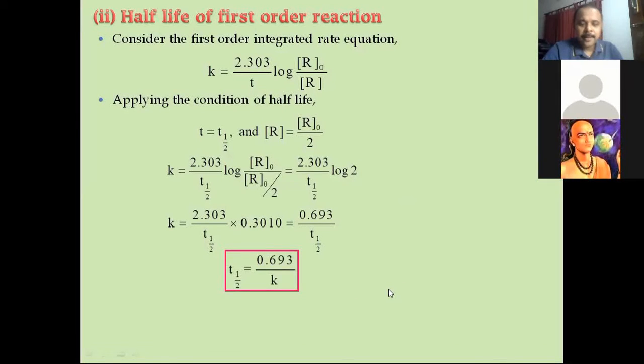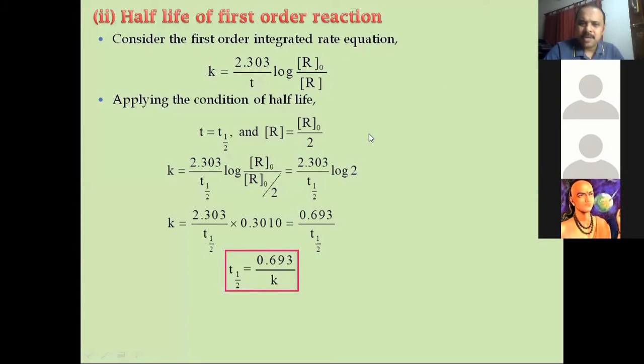Now we started with the integrated rate equation of first order. When we incorporated conditions of half-life, it has been reduced to this form. What are the terms we have lost here? R naught and R, the initial and remaining concentration terms are lost. t is there. t has become t half. k is there.